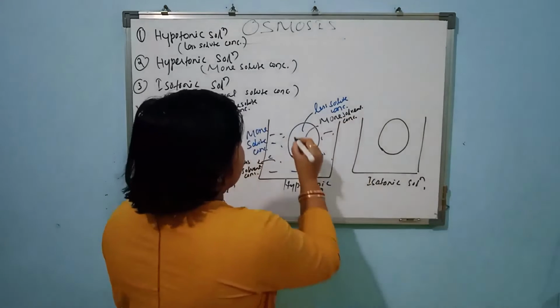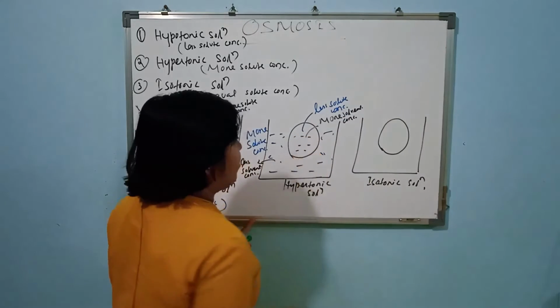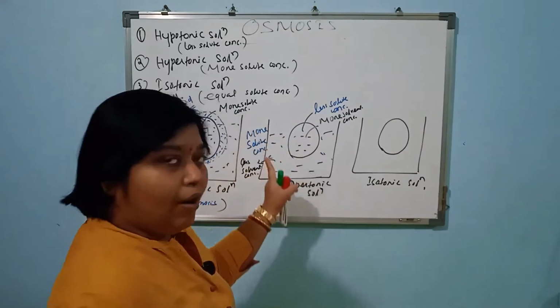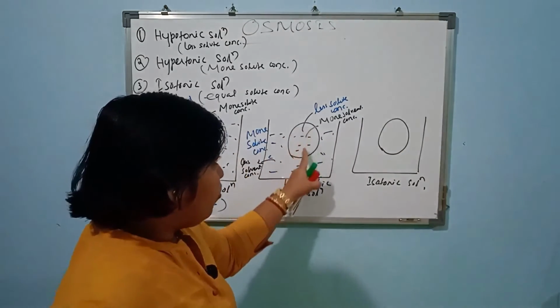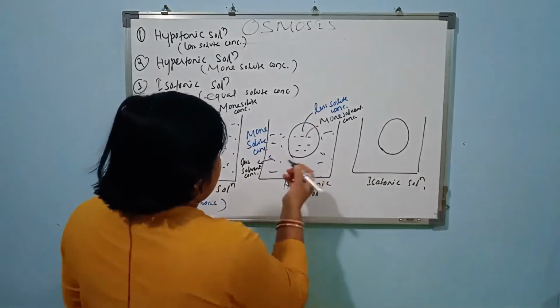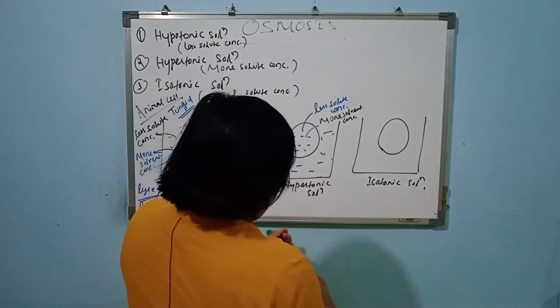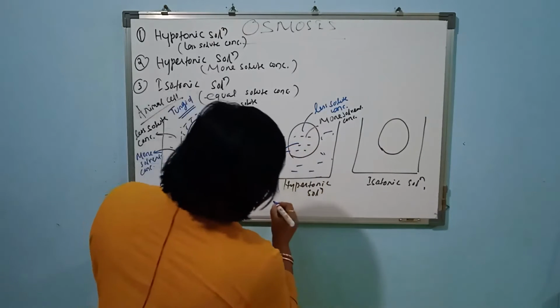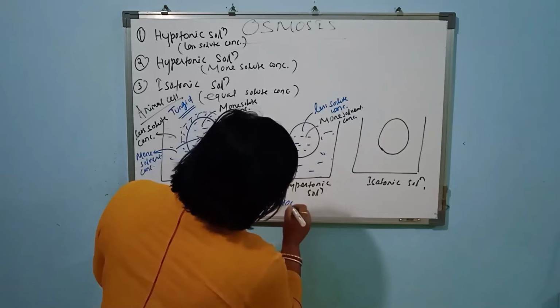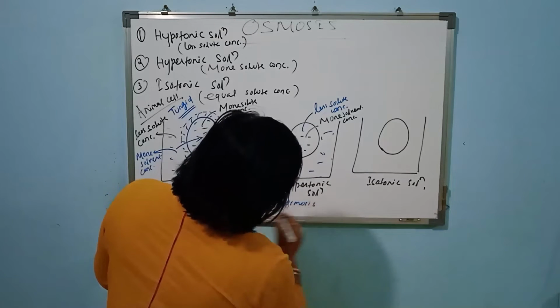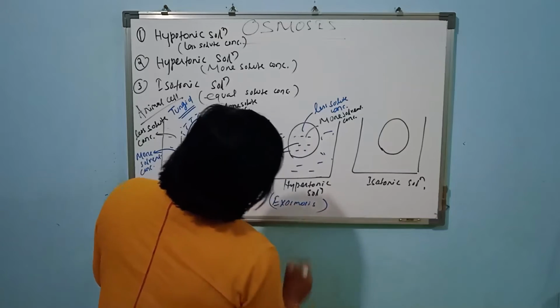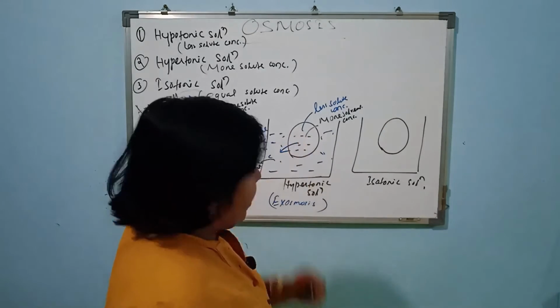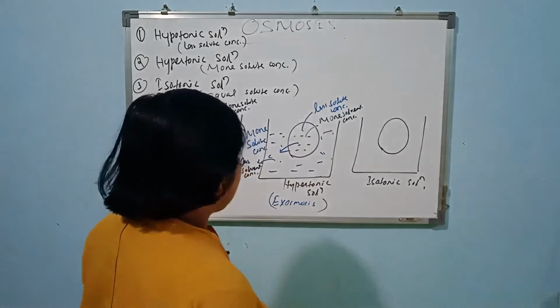So the solvent will move from the cell to the outside solution because it has more solvent concentration. So here the exosmosis process is occurring. The cell is losing its water or solvent. So what will happen?